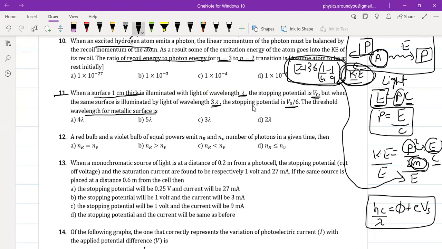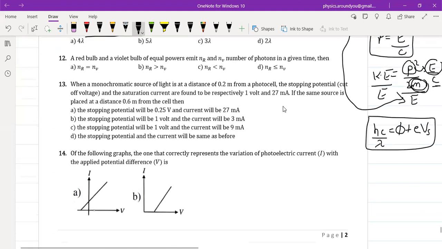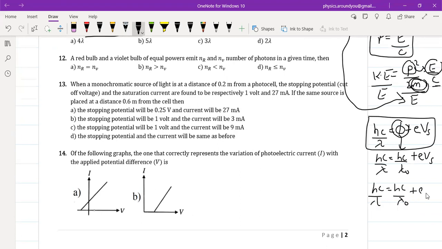Now it became 3 lambda, stopping potential became V naught by 6, and they're asking for phi. Phi I can write as hc by lambda naught. Various avatars of the photoelectric equation, this is one of them. So, hc by lambda equals hc by lambda naught plus eV.